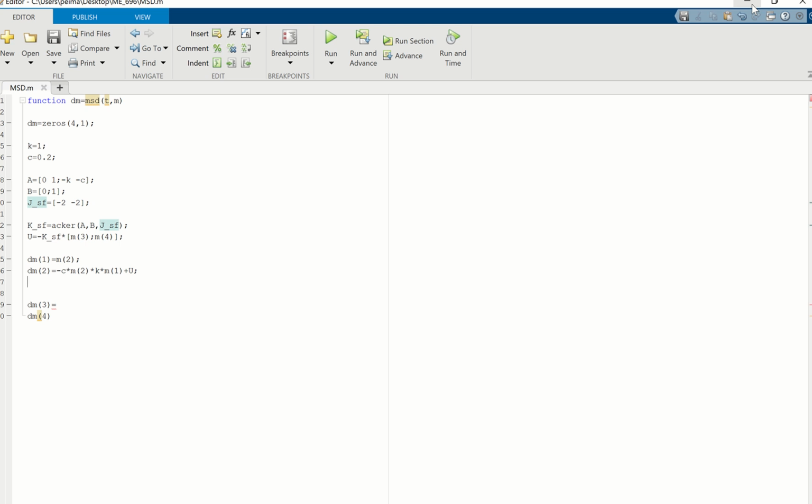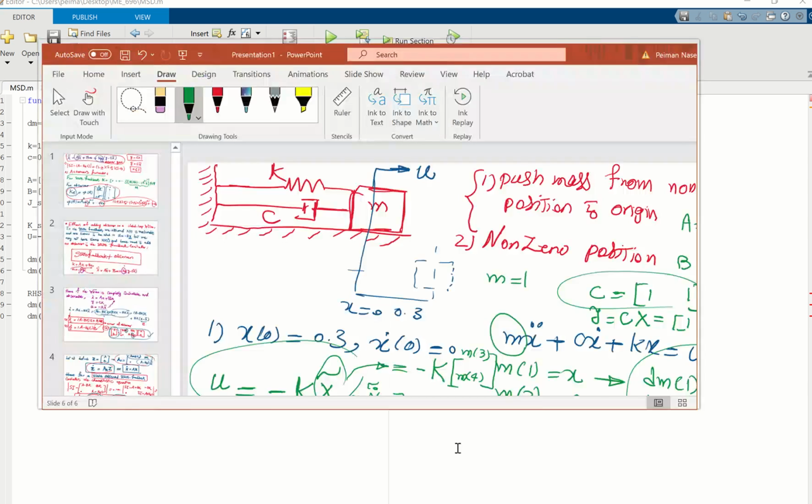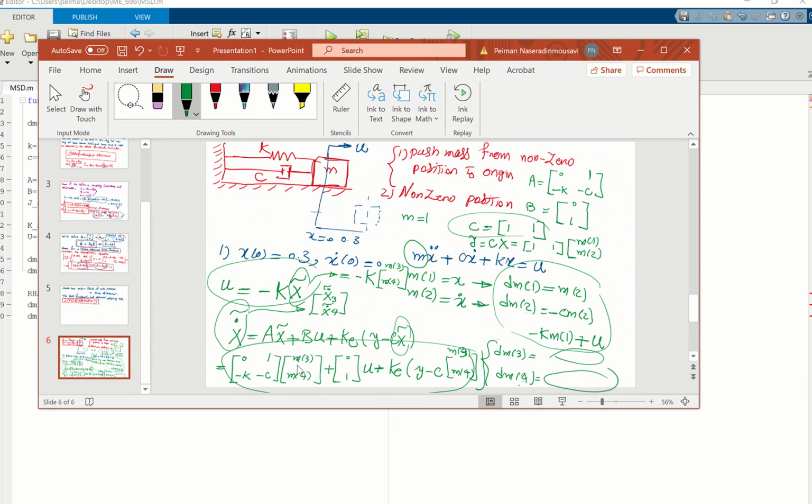So now let us go here. DM3 and DM4 are the estimated states that we're going to use in the control law. So I'm going to write the right hand side.